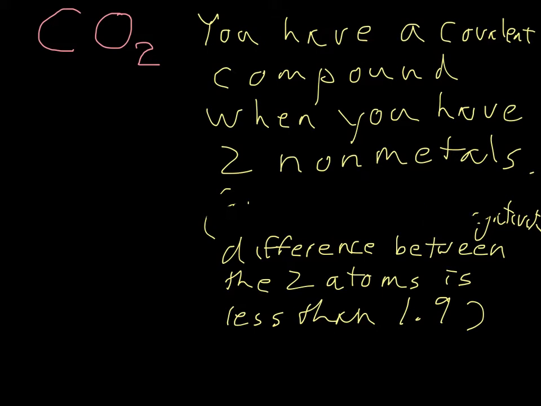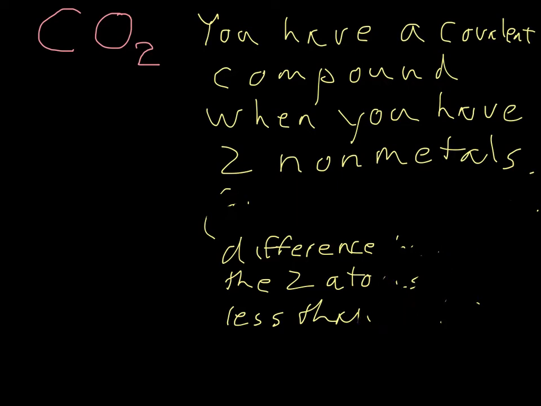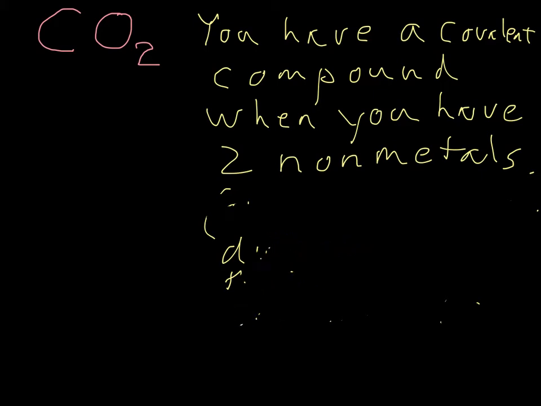It's much easier and much simpler, and it's what everybody does, is they simply say that you have a covalent compound whenever you have two nonmetals bonded together. So if you have a covalent compound, that means you have two nonmetals.